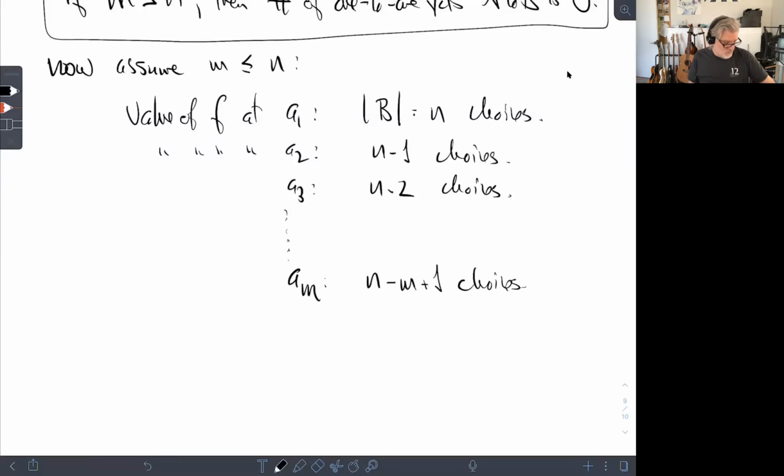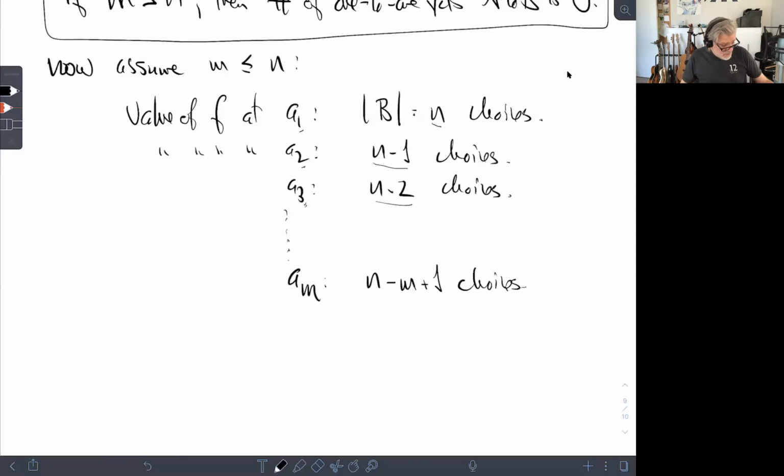Now, if you're wondering how I could find that so fast, it's because I've looked at it before, obviously, but also look at the pattern. Here, this is n minus 0, index 1, n minus 1, index 2, n minus 2, index 3. So it's always n minus 1 less than the index. That's the pattern, right? So this is n minus m minus 1 or n minus m plus 1, right?